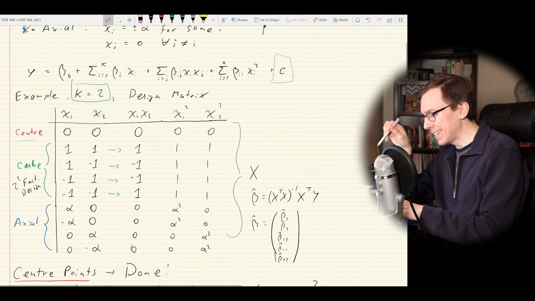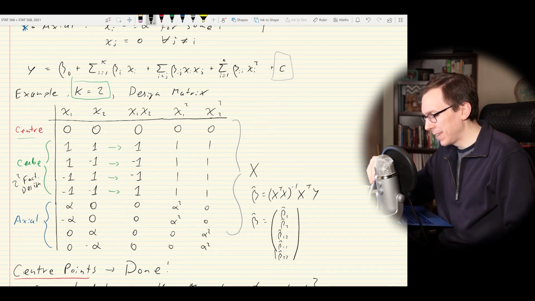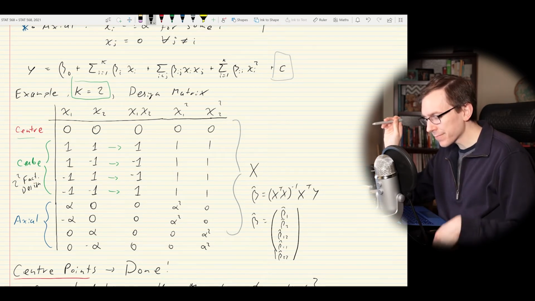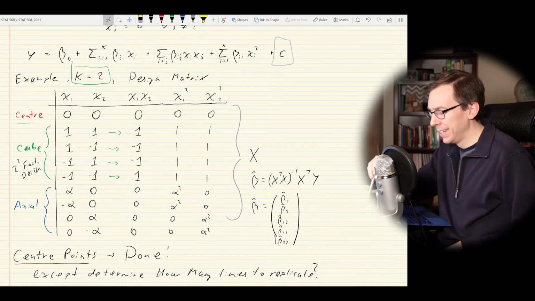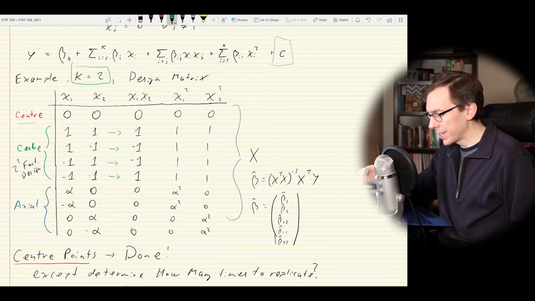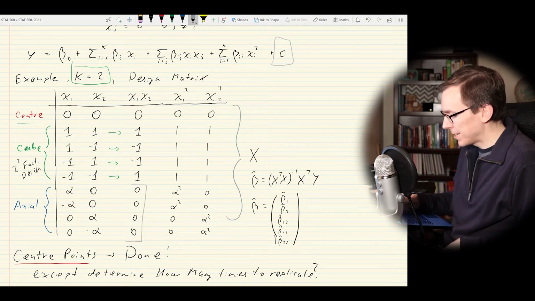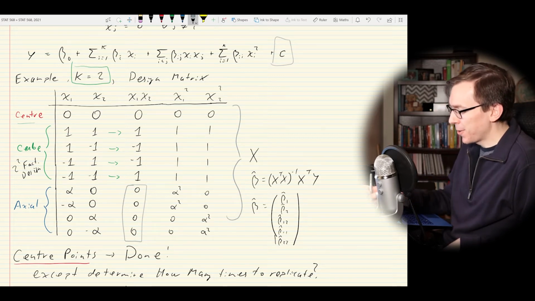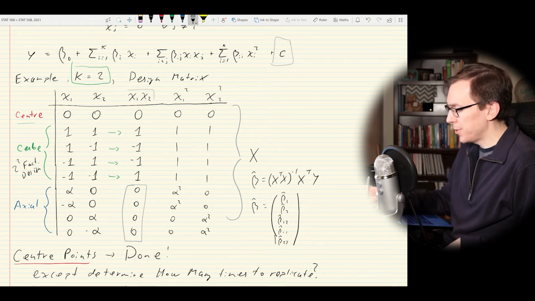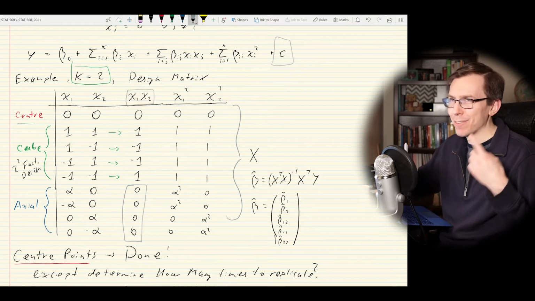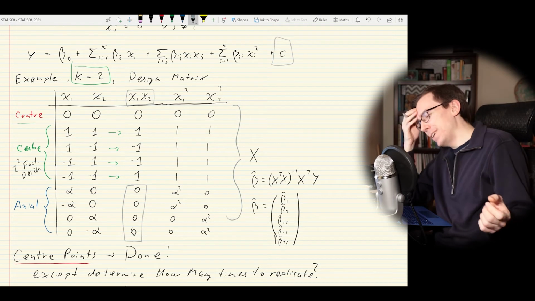And the reason comes back to this design matrix. The idea is that if I have a two-way interaction, well, I don't get any information on the two-way interaction from the axial points. I just get zeros down here. It's always going to be zeros. So I really need the cube points to get all of my two-way interactions. In this case, I only have one of them, so there's no fear of aliasing.